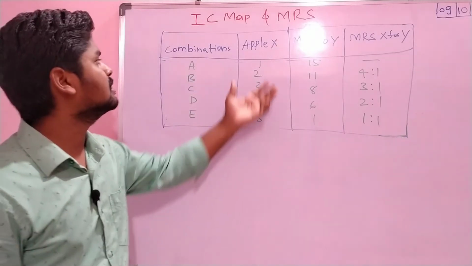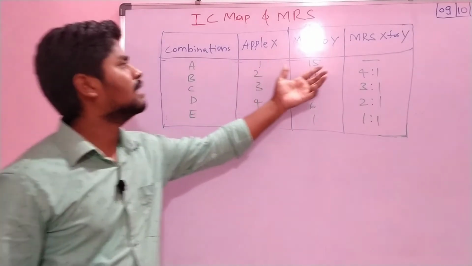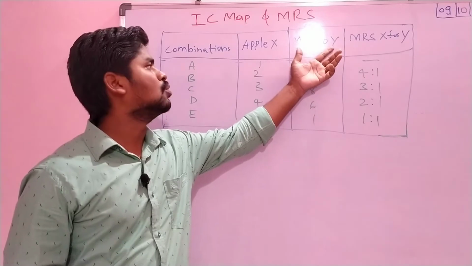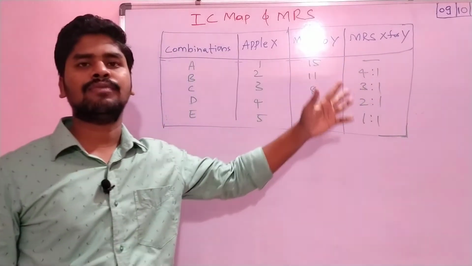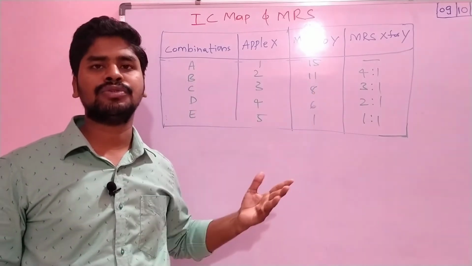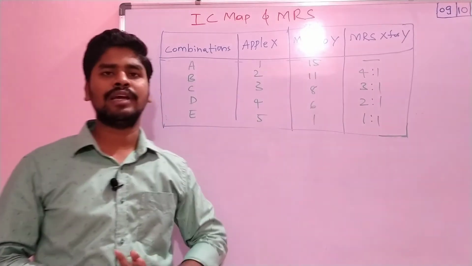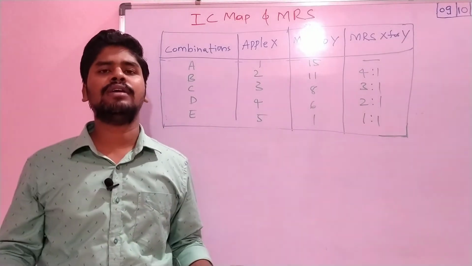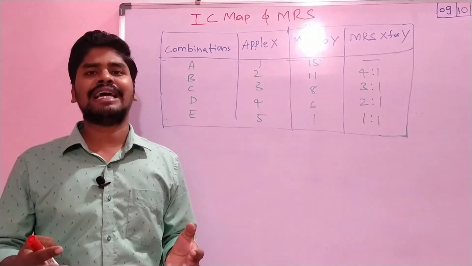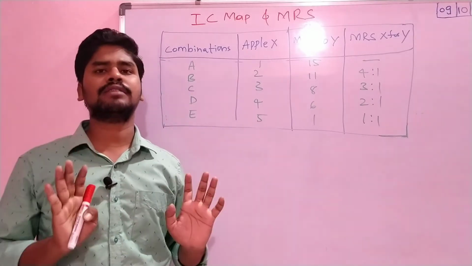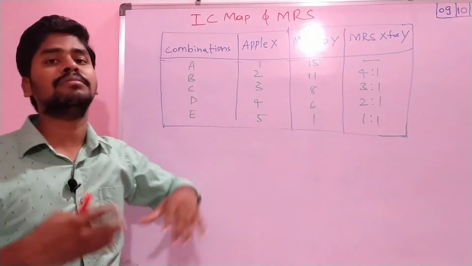The second column is good X, which is apple, the third column is good Y, mango, and the fourth column is MRS of X for Y, the marginal rate of substitution of X for Y. In consumer behavior, we try to show satisfaction on the indifference curve. So let's see what the indifference curve map is.